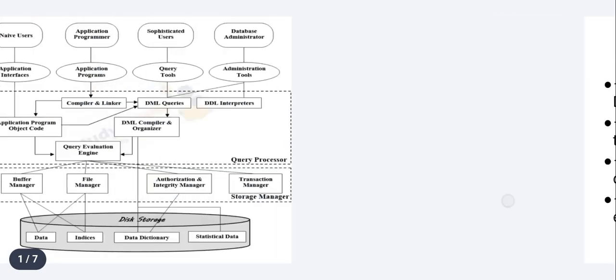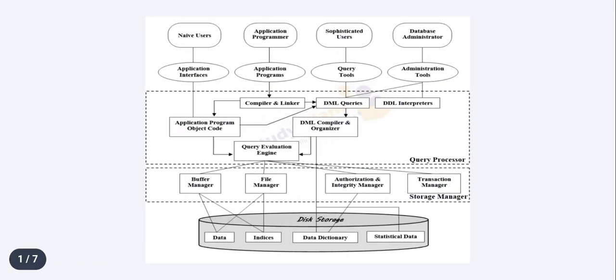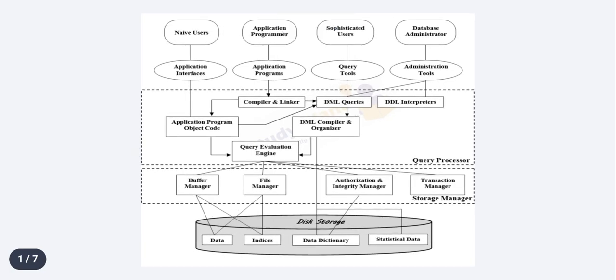And third one is compilers and interpreters. First one is a compiler and linker, and DML and DDL, and query processors.